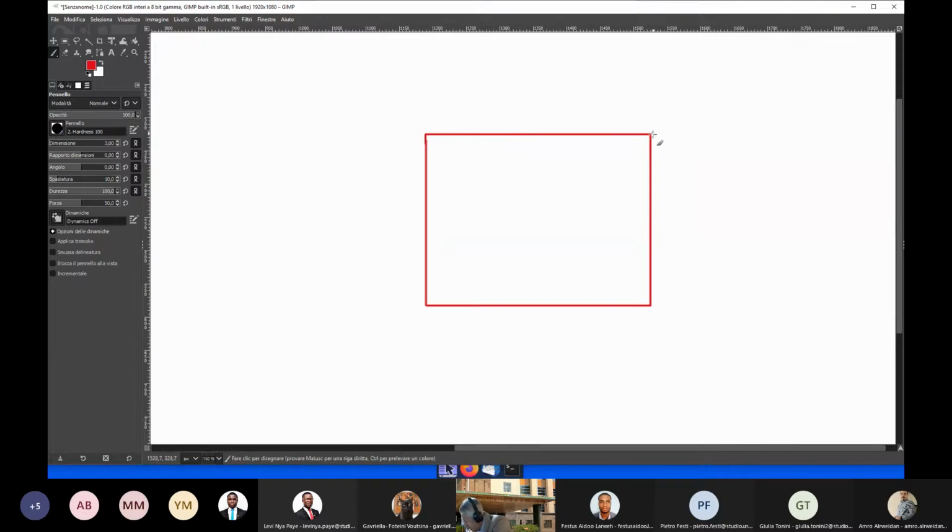Okay, and now let me draw the third dimension like this. And then in this way.